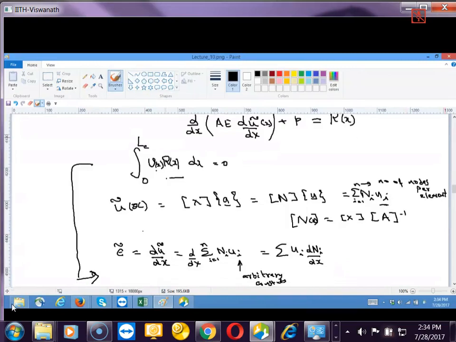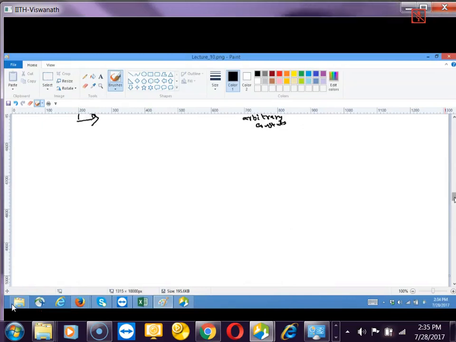So integral of v, I'm removing that functional dependence of x, which is still there, just for simplicity's sake, d by dx of AE du tilde by dx.